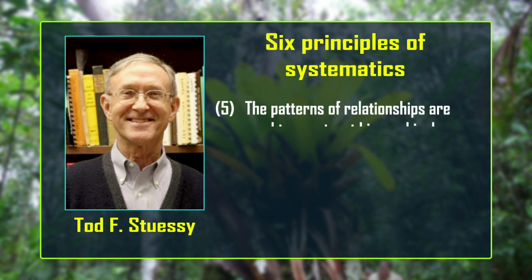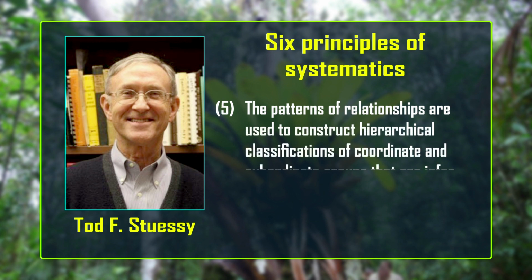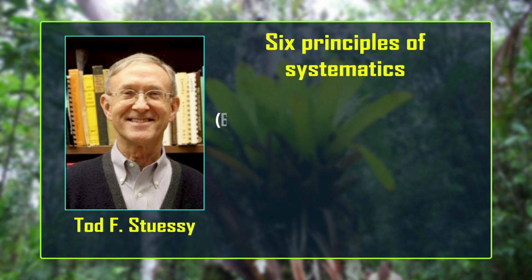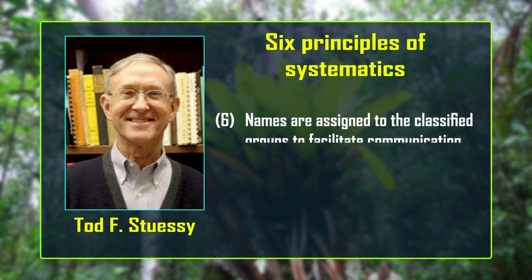The fifth principle, patterns of relationships are used to construct hierarchical classifications of coordinate and subordinate groups that are information rich and have high predictive value. The sixth principle, names are assigned to the classified groups in order to facilitate communication about them.